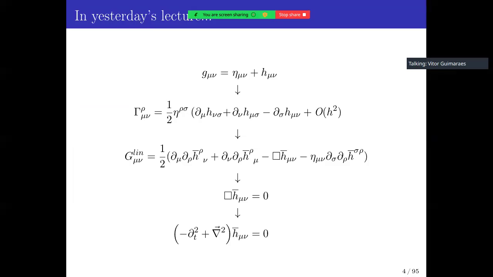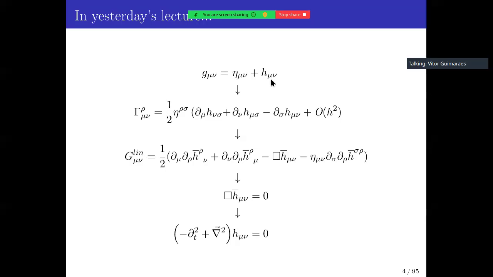So we started from a metric perturbation, from a metric correction. What this means is that we are decomposing our geometry. The metric, after all, fundamentally gives us information about the geometry of our spacetime. So we are considering a decomposition in which our spacetime can be modeled as a flat spacetime plus a small perturbation, a small correction.